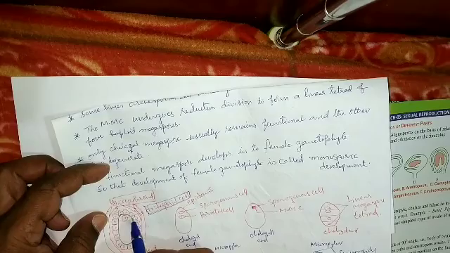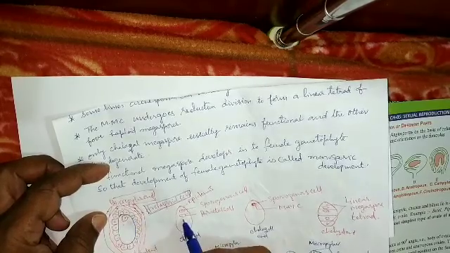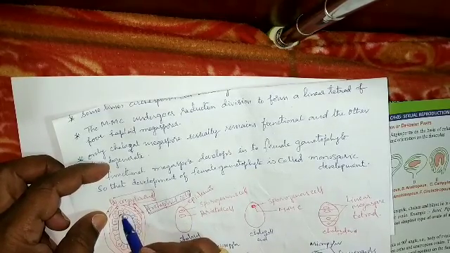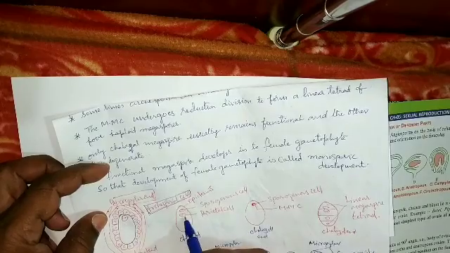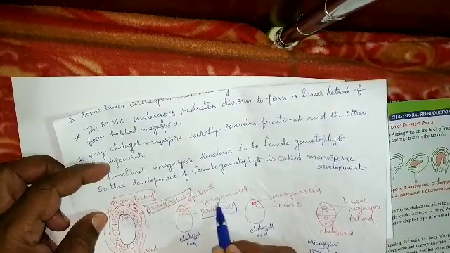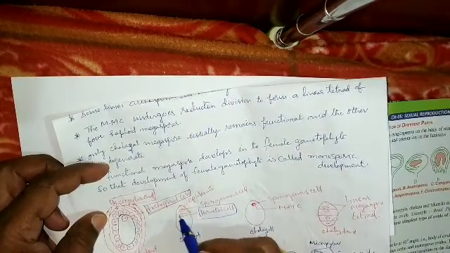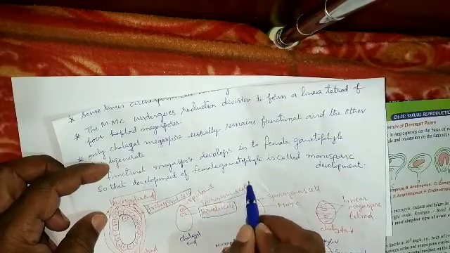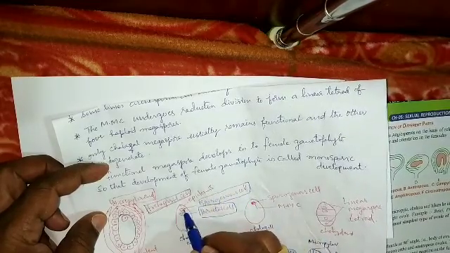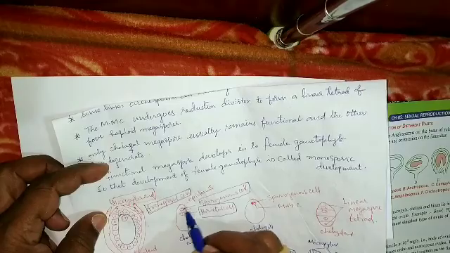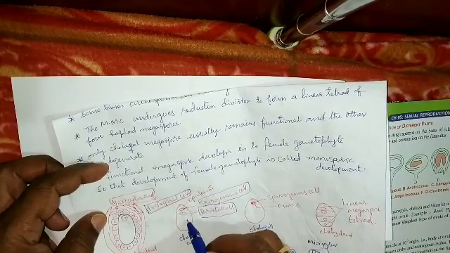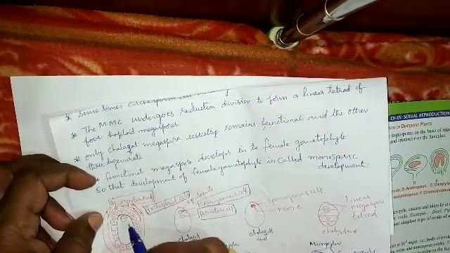The outer cell is called the parietal cell, and the inner cell is called the sporogenous cell. Two cells are formed at the micropylar end.